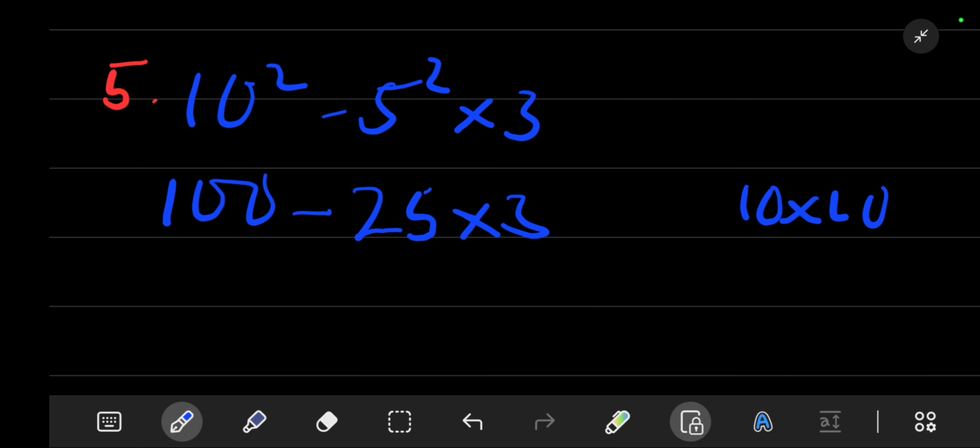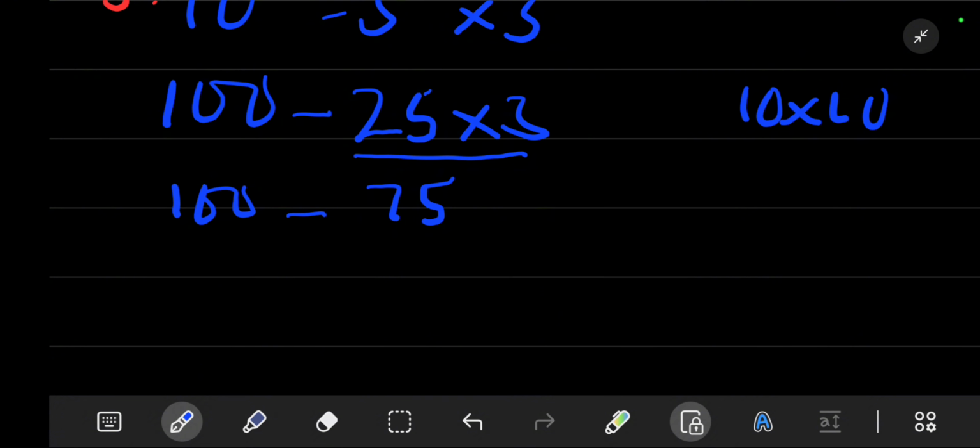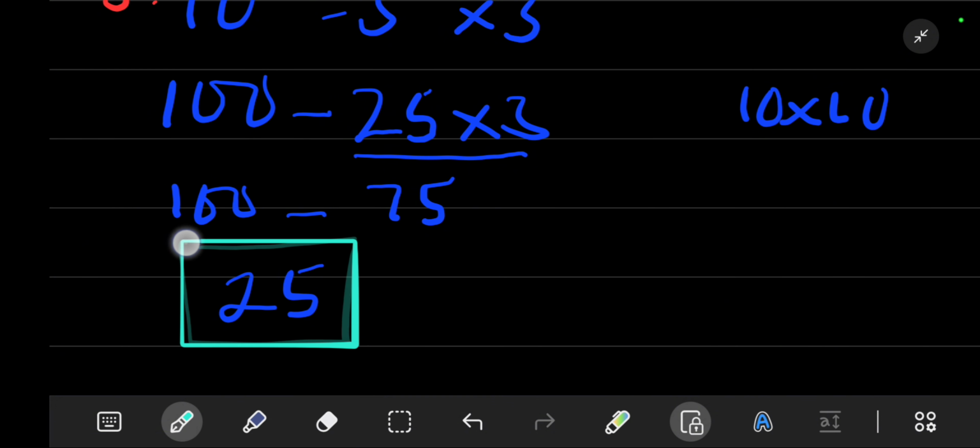Now, we solve this. Okay, that is 100 minus 25 multiplied by 3. That is 25 times 3 equals 75. And then 100 minus 75 equals 25. 25 is our final answer.